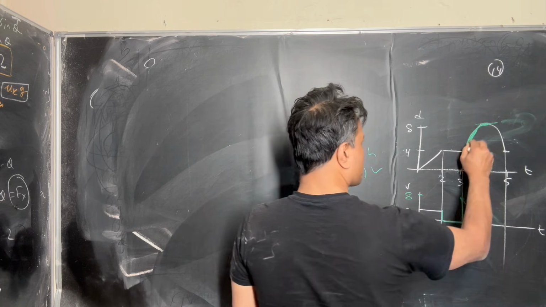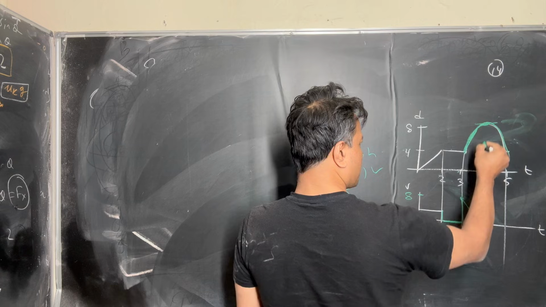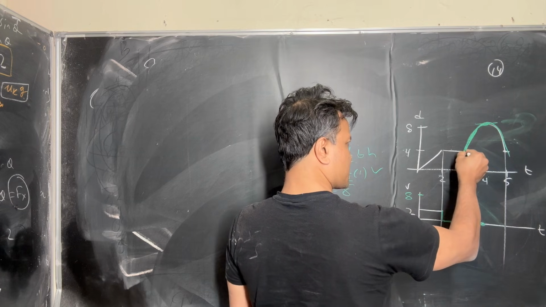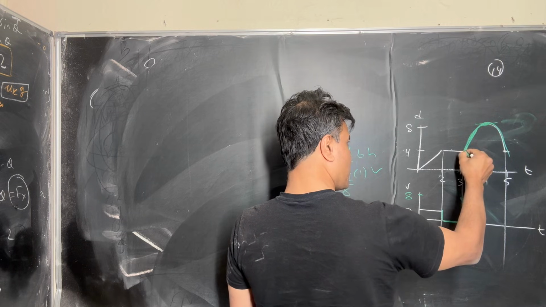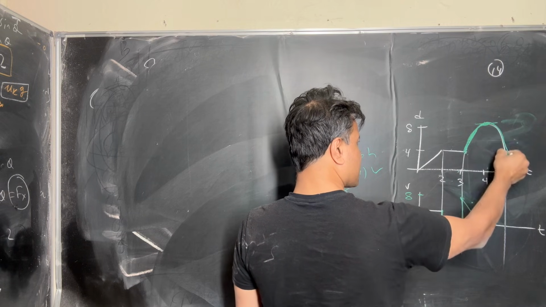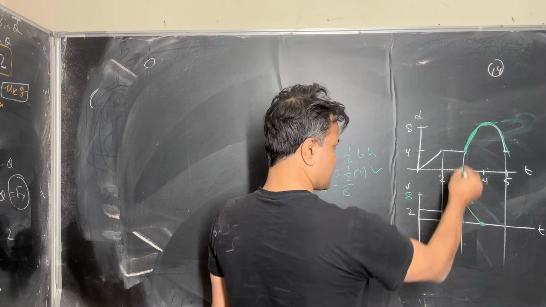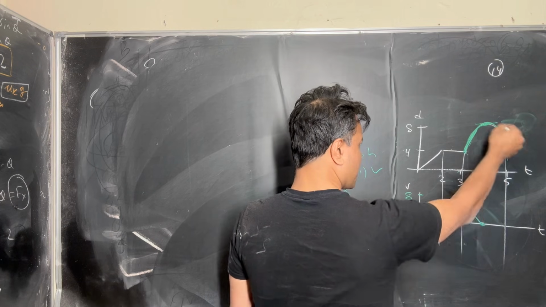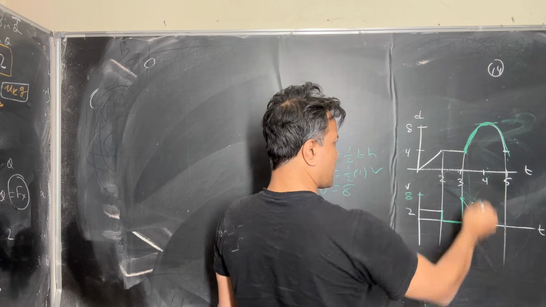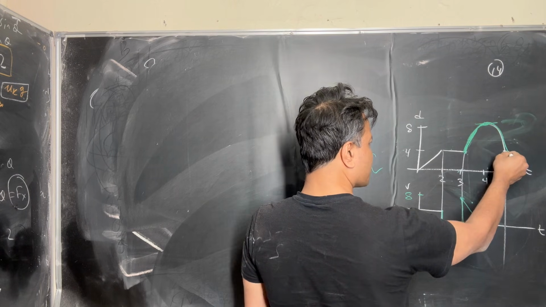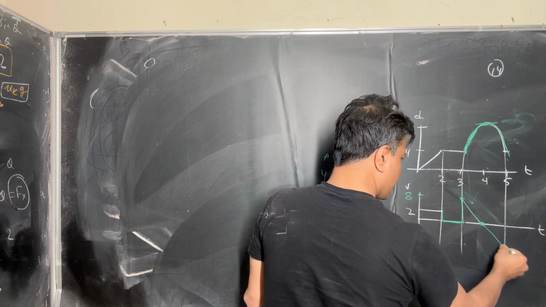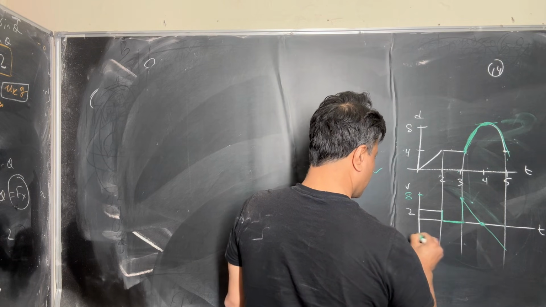Since this is symmetric, if the acceleration over here is negative 8, the acceleration over here is also negative 8. The acceleration is the same over here. The velocity is 8 over here, so negative 8 over here. So velocity is negative 8.